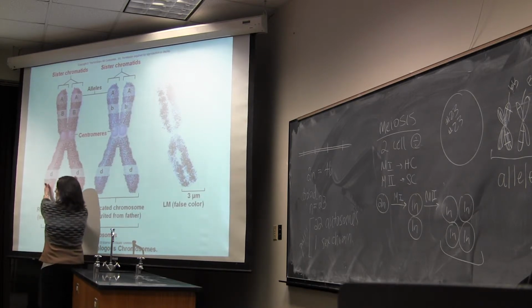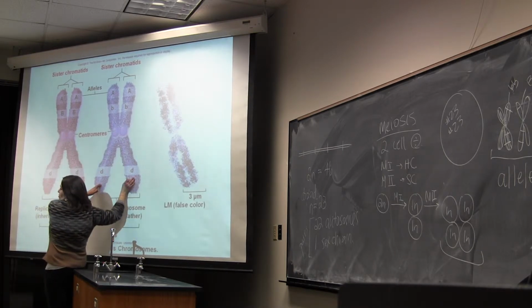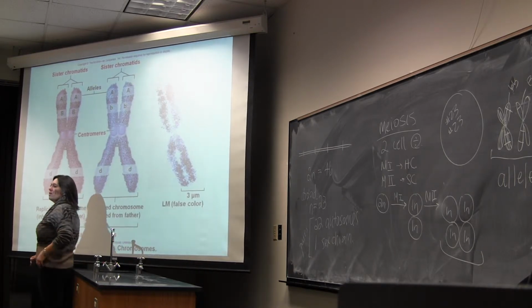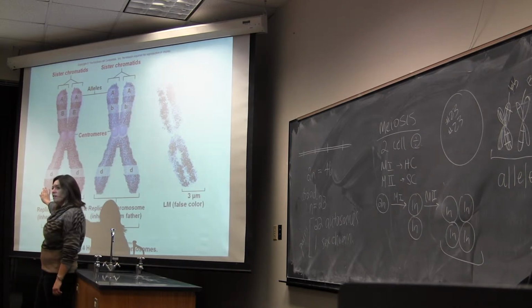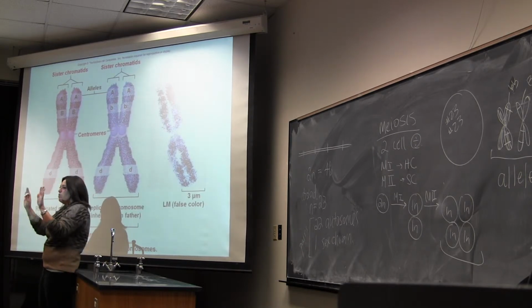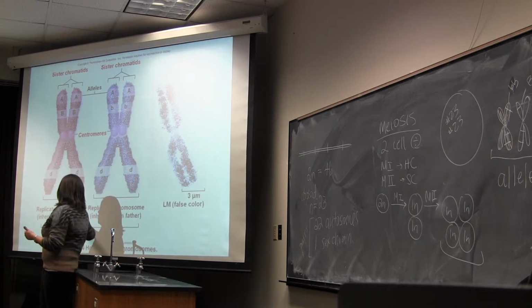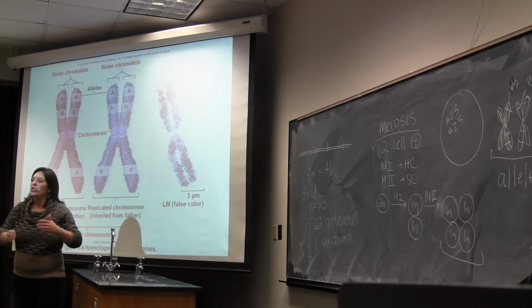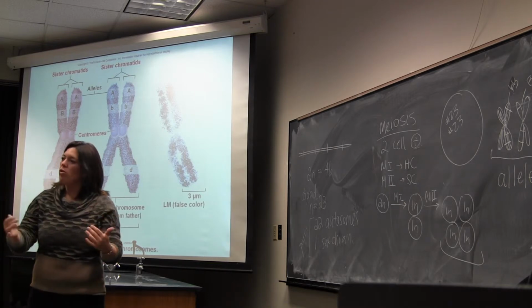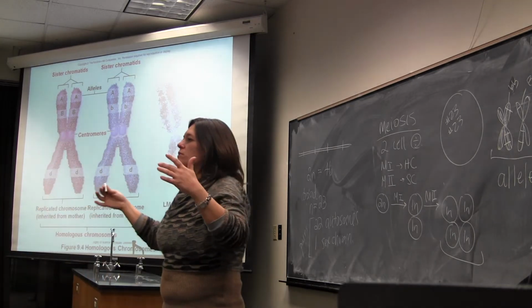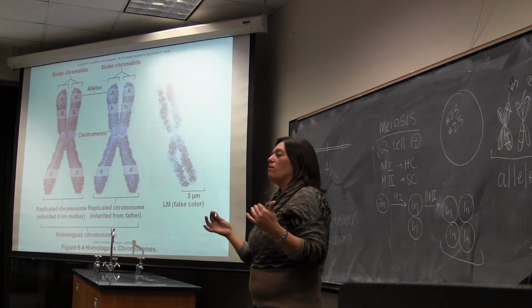So these 2 are identical to one another, and these 2 are identical to one another. Now they're both chromosomes 1, but because they came from 2 different sources, they're not genetically identical. So they're homologous chromosomes, which have the same genes in the same order, but are going to have different versions of those genes, or different alleles of those genes.